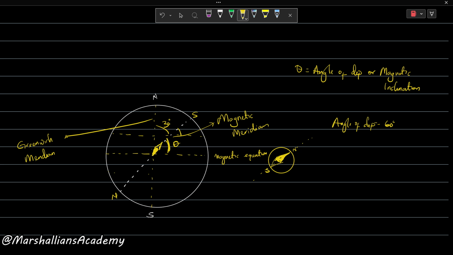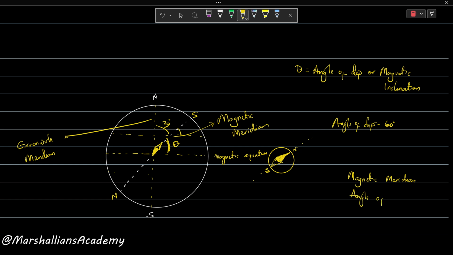So the angle of dip is the angle between the magnetic meridian and any horizontal plane on the Earth's magnetic field. Don't forget, we've talked about the magnetic meridian, the inclined angle at which the Earth's magnetic field exists, and we've talked about the angle of dip.